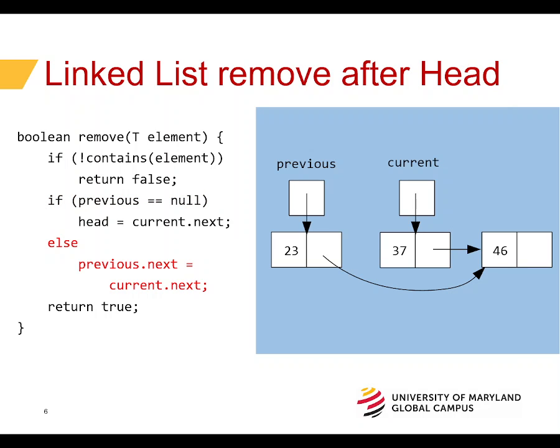So the else statement is executed, and previous.next is assigned current.next, bypassing the node we wish to remove. Note again why it is important for the contains method to leave behind this pair of adjacent pointers. And as in the previous case, automatic garbage collection does the necessary deallocation, and true is returned, signaling a successful removal.